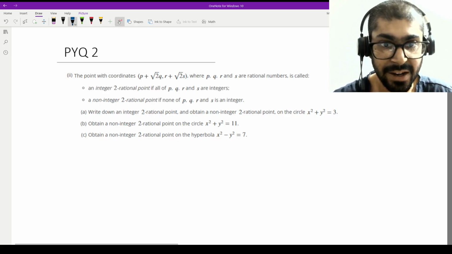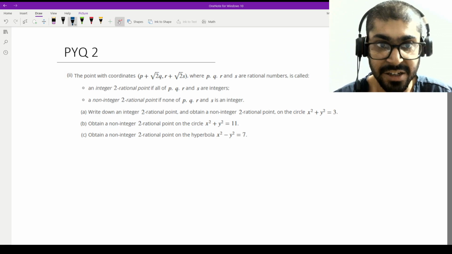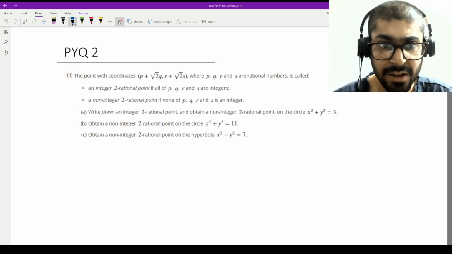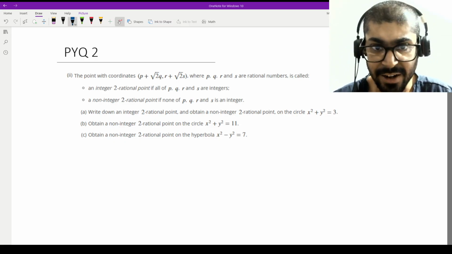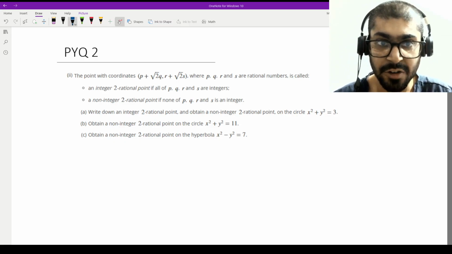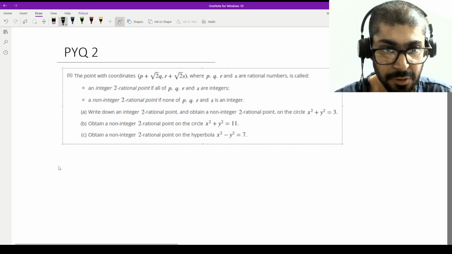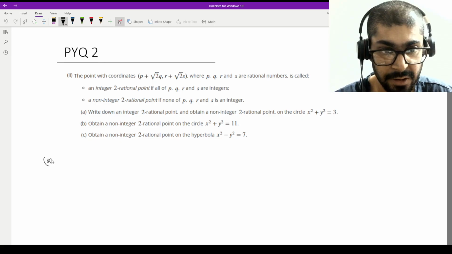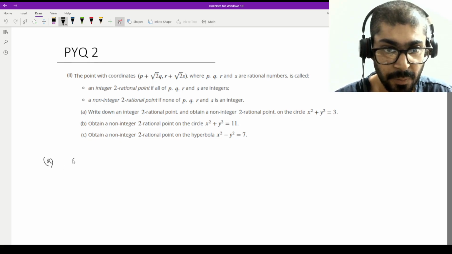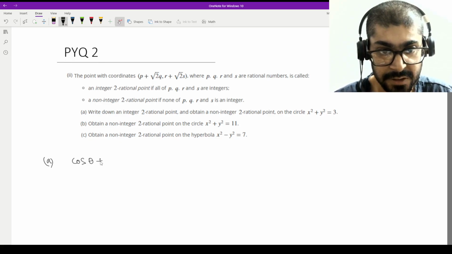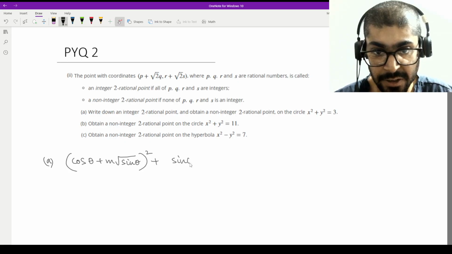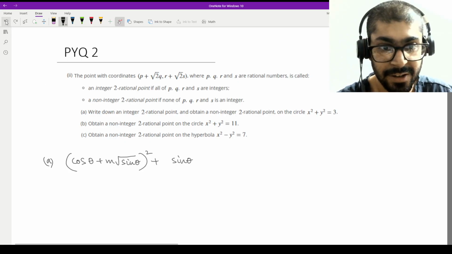If you recollect the last section, we were dealing with cos theta plus root m sine theta. I'll just write it down. So, cos theta plus root m sine theta whole square plus sine theta minus root m cos theta whole square.